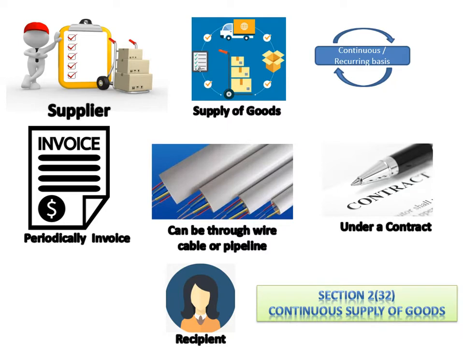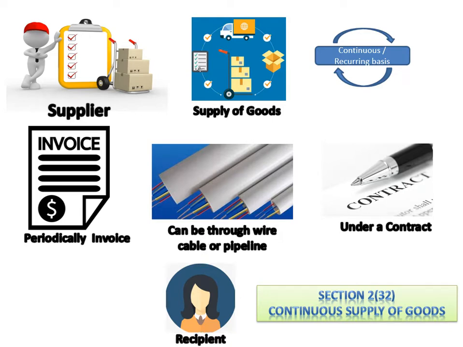Now, for the purpose of goods, it is supply of goods which is provided or agreed to be provided continuously or on a recurring basis under a contract, whether or not by means of cable, pipeline, wire or other conduit, and for which the supplier invoices the recipient on a regular or periodic basis, and includes supply of such goods as government may specify from time to time.